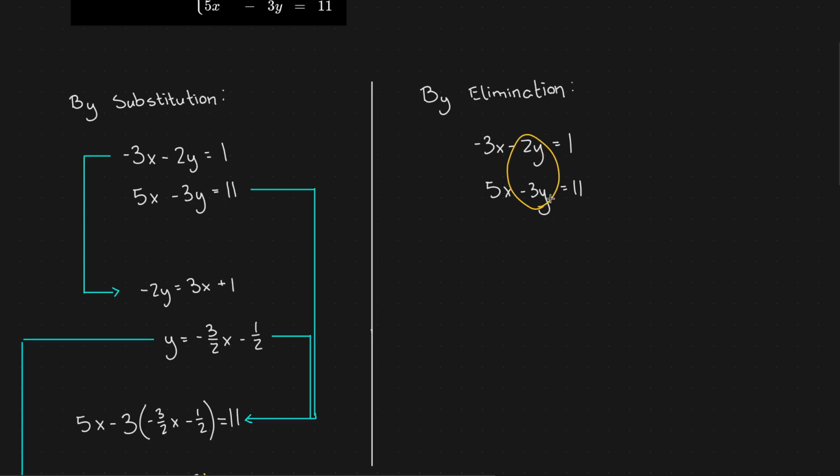That's their least common multiple, 6. So I'm going to multiply the first equation by 3, both sides. In the second equation, I'm going to multiply both sides by 2. Okay, but remember, I also need them to be opposite signs. Right now, they'd both be negative, so I just need one of these to be negative. So I'll multiply by negative 3.